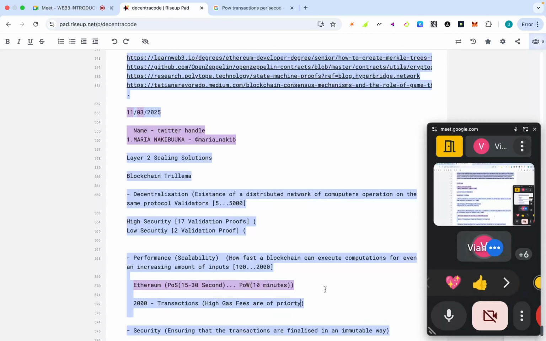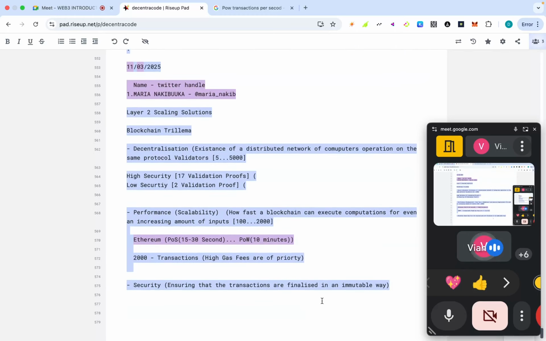So the process by which transactions are verified on Ethereum proof of stake still has a limitation. There's a certain number of transactions it cannot contain in a second. And that is why we needed layer 2 solutions. Layer 2 scaling solutions. And what are layer 2 scaling solutions? They're simply independent technologies.